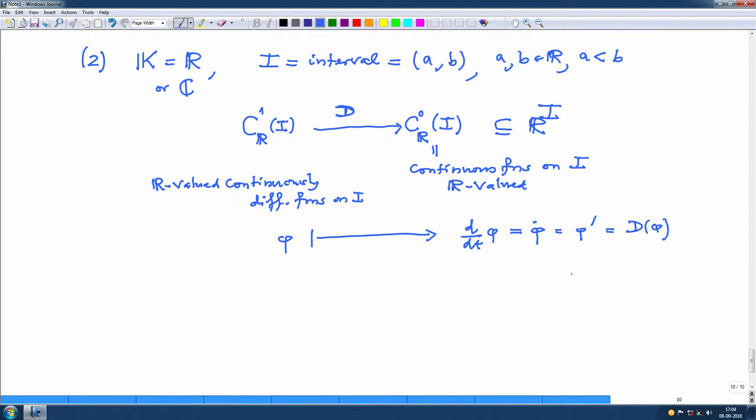So this is a map, and obviously if phi is continuously differentiable, then the derivative is a continuous function. Therefore this D is indeed a map from C1(I, R) to C0(I, R), and I want to say that this map is a linear map. D is K linear.